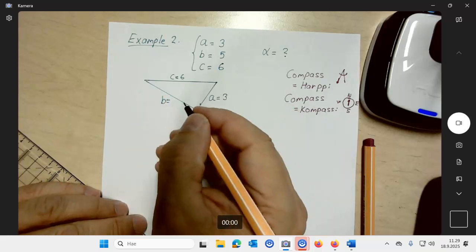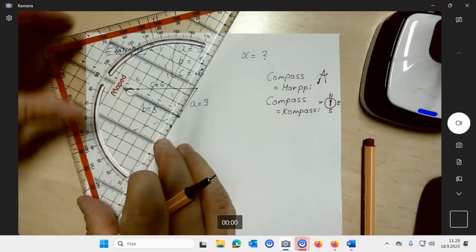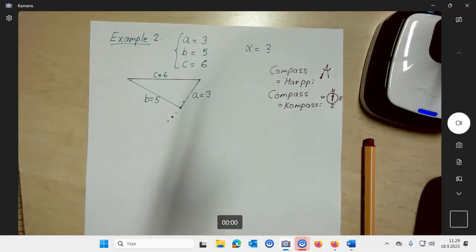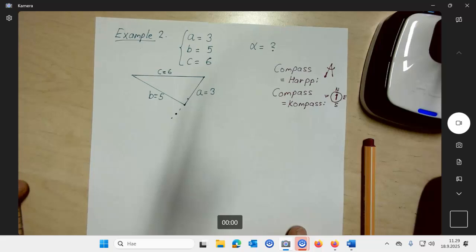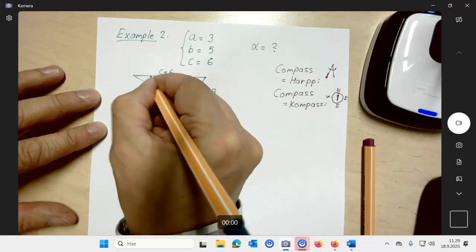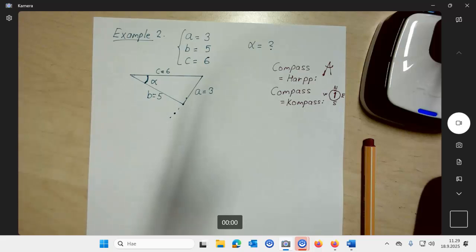It looks like a right angle triangle, but it will not be. Maybe my drawing is not so exact, but now we need to calculate the alpha. So it will be there in the opposite of A side.